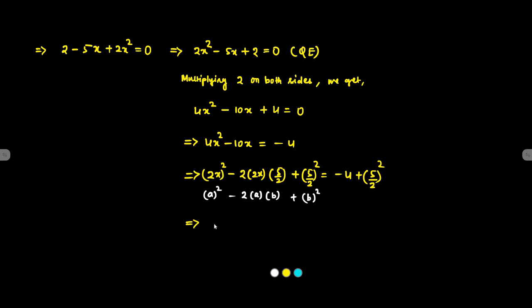So this is (a − b) whole square: (2x − 5/2)² is equal to −4 + 25/4, which is equal to (−16 + 25)/4, which is equal to 9/4.